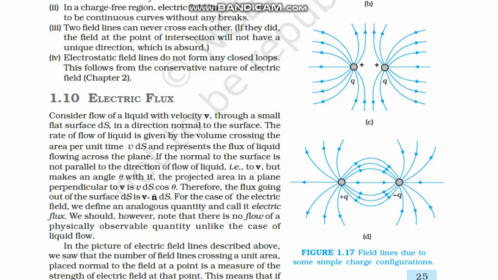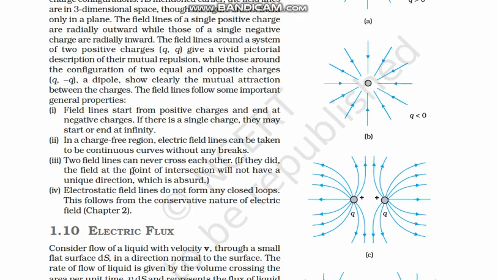Okay, so now let us understand a few properties associated with these field lines. First property: field lines start from a positive charge and end at a negative charge. If there is a single charge, they start or end at infinity. So what does that mean?